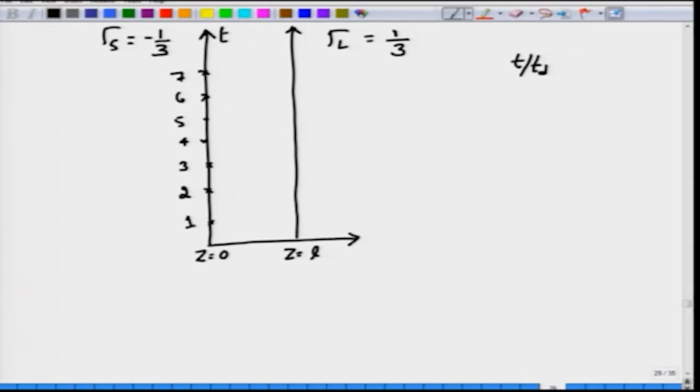So, you start out at Z equal to 0, at which point you launch a voltage which is V1 plus, which is 30 volt, on the transmission line. We have drawn a line here because at every point the delay will be essentially linear, and the load will see the incident voltage of 30 volts after exactly one time delay.